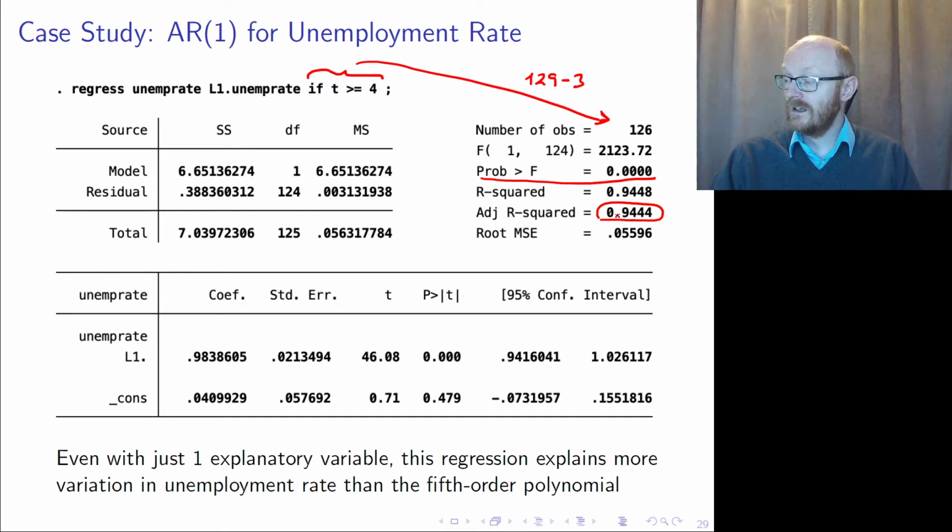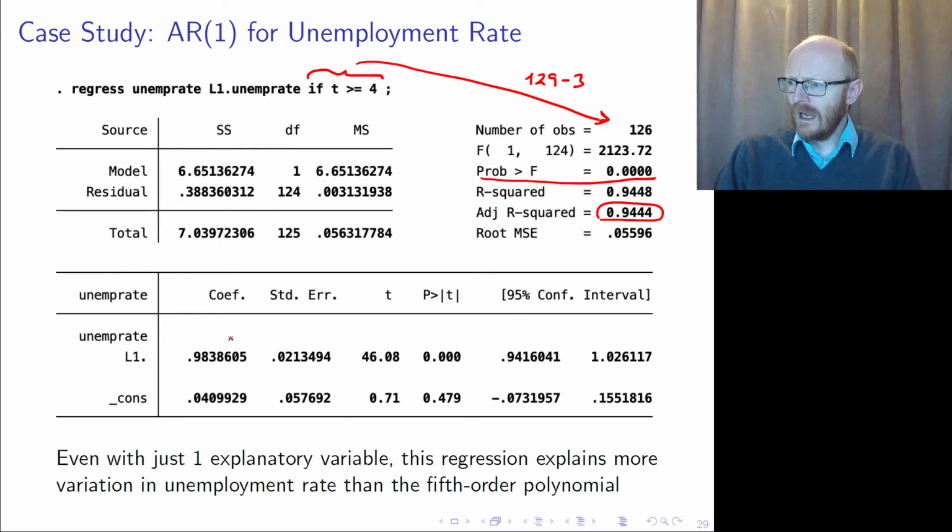So we can explain more of the variation in unemployment just by including one variable compared to generating several variables.